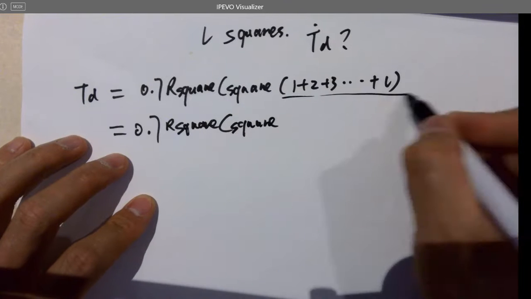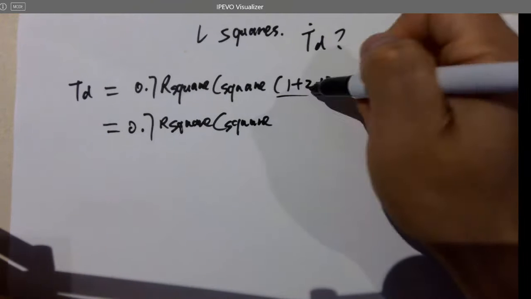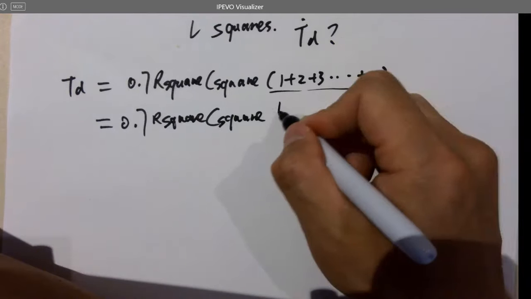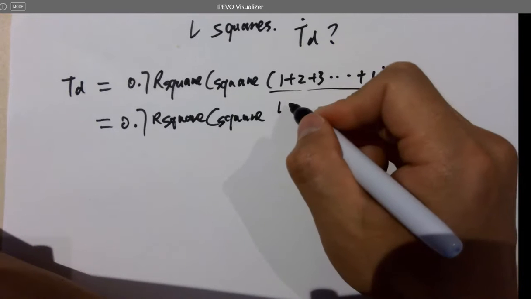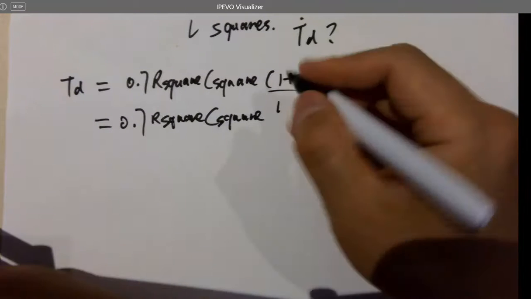So what is this? Did you learn this anywhere, in middle school or high school? So what this equals to? Is that L times 1 plus L over 2?